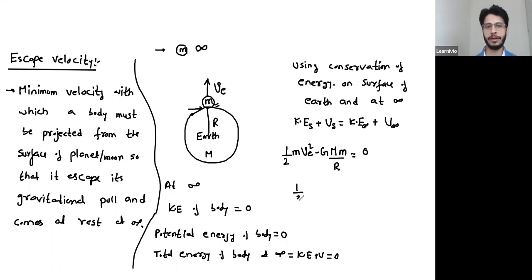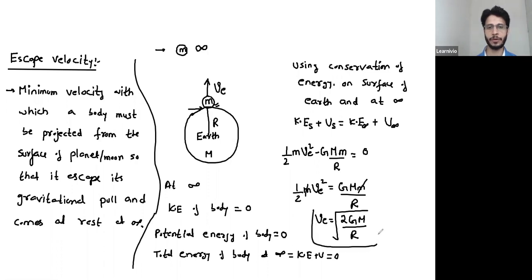So you can write this as half m V_E square equals G M m by R. You can cancel this m with this m. Your escape velocity is root over 2GM by R. So this is the escape velocity.